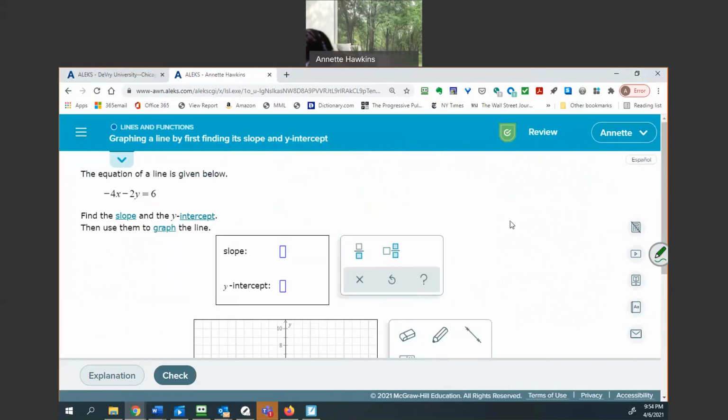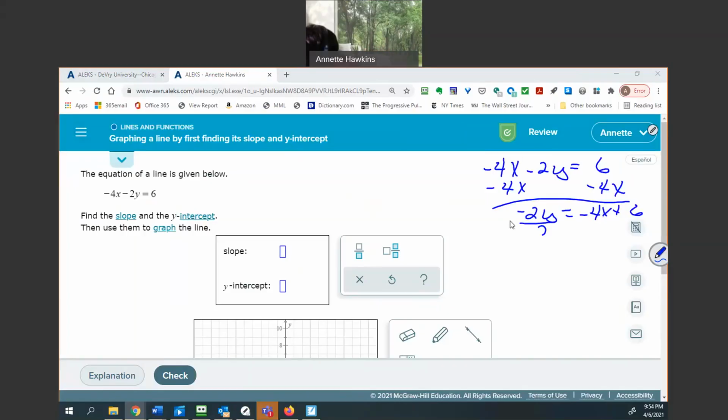We found that the slope was, let me go back and put just a little bit up here. So y equals 2x minus 3.